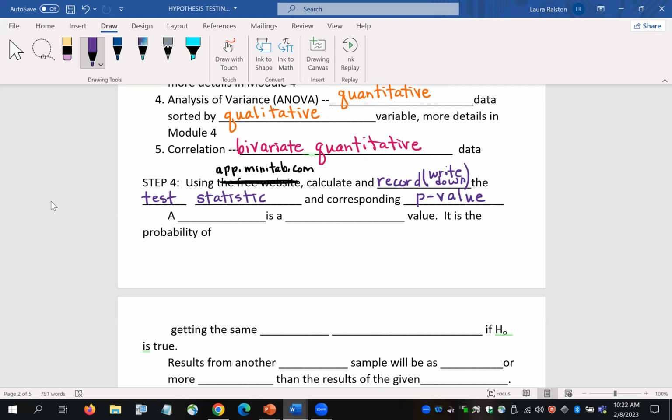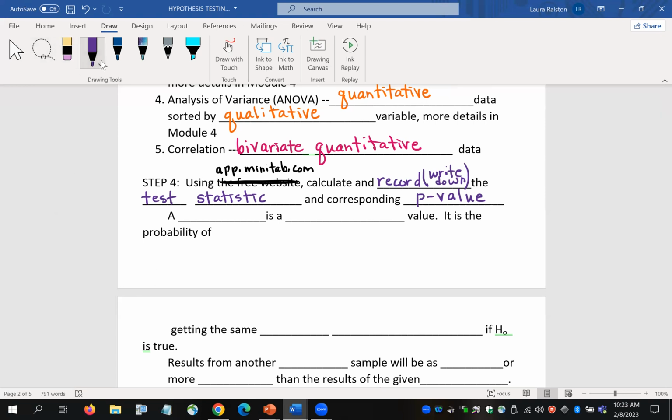We gather all of our evidence, and we calculate that test statistic. That's like the presentation to the jury and the p-value. All of that collection and calculating the test statistic, that's like our evidence.